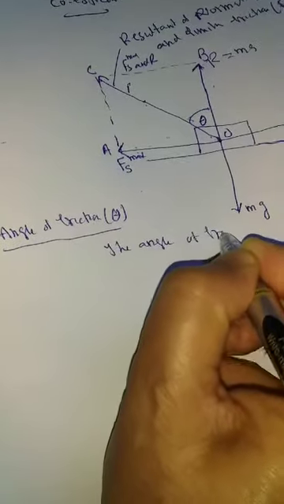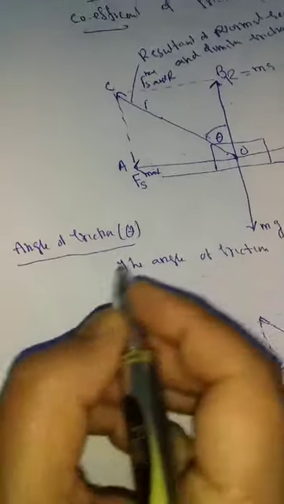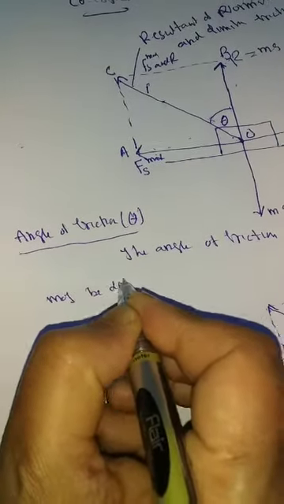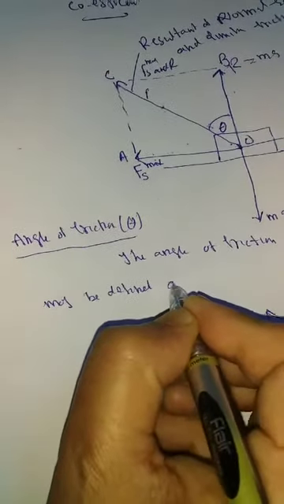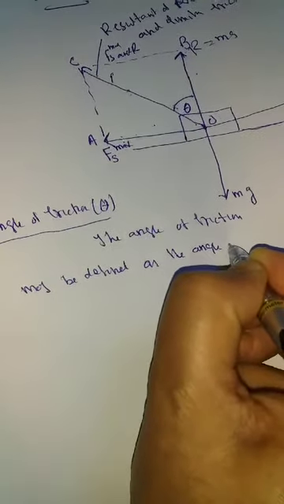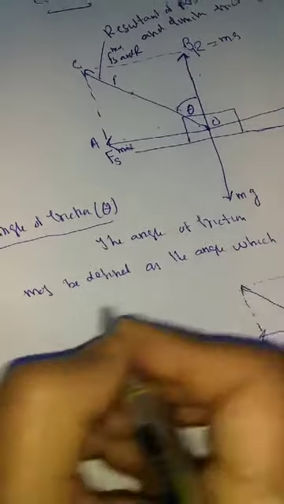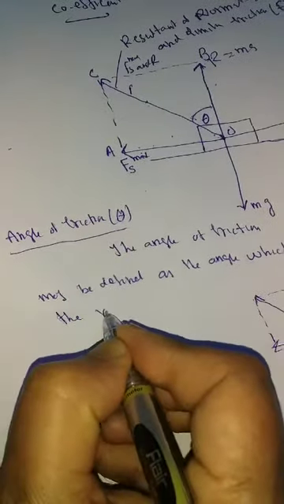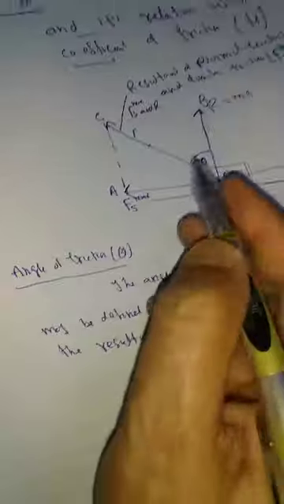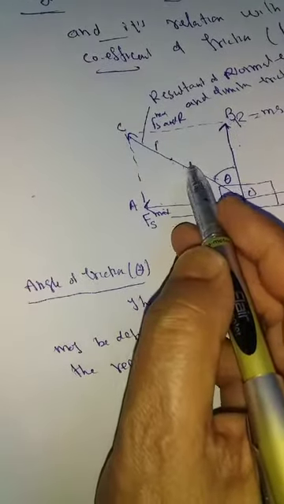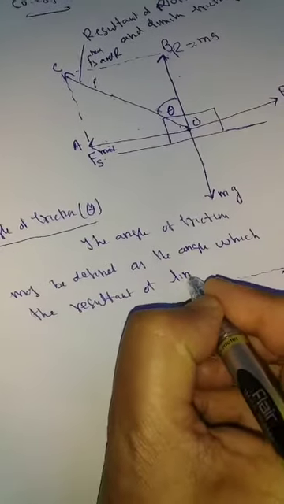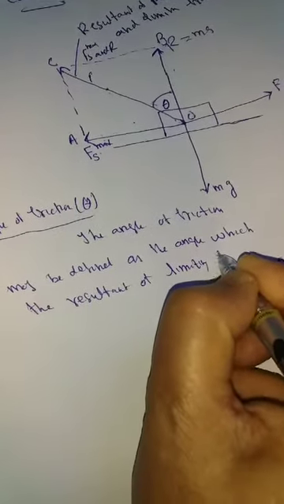The angle of friction may be defined as the angle which the resultant of limiting friction and normal reaction makes with the normal reaction. This line is the resultant of limiting friction and normal reaction.